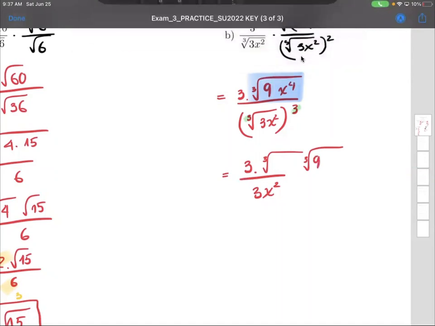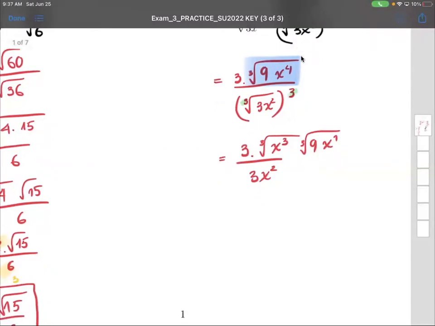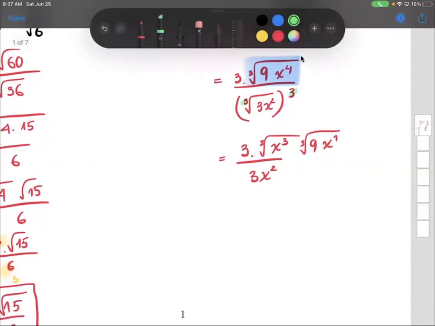What about x to the 4? You can split it so one of them is able to take the cube root. So x cubed and x to the first, right? I can get rid of the 3, right? It cancels, just 1. Cube root of x cubed is x.